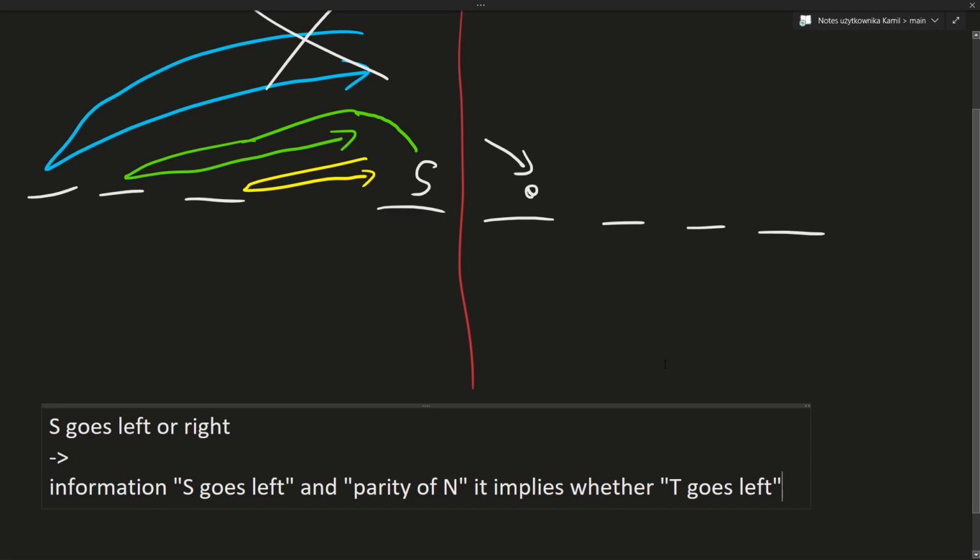Maybe it depends on your code, depends on your approach. But it seems that there are four possibilities for whether S goes left or right and whether T goes left or right. Actually, there are only two possibilities. How you start will affect how you end.